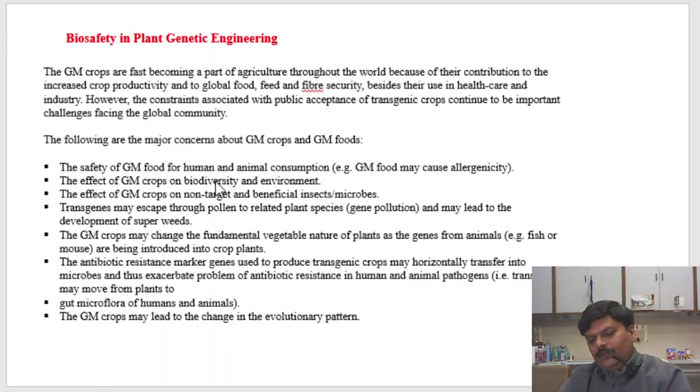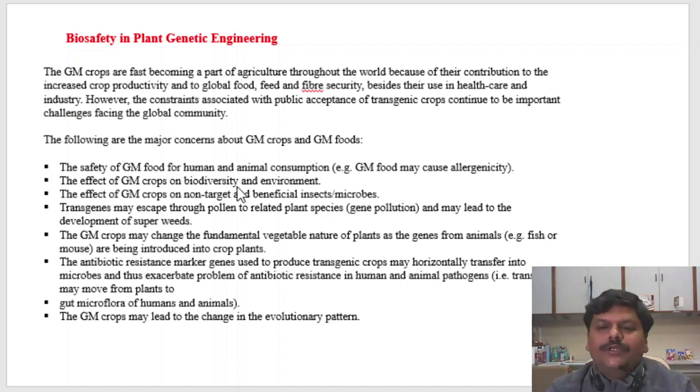One of the sections deals with the biosafety issues in plant genetic engineering. Since it is an induced method, it's a lab-based method, like any other industrial method or chemical method or any other improvement method, the effects of plant genetic engineering need to be studied in detail before the product is released for commercialization or for common use.